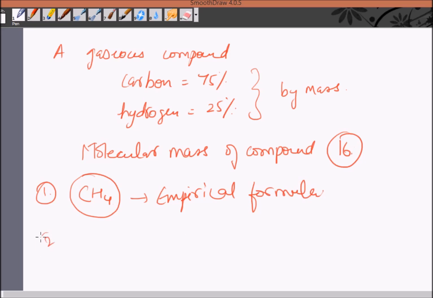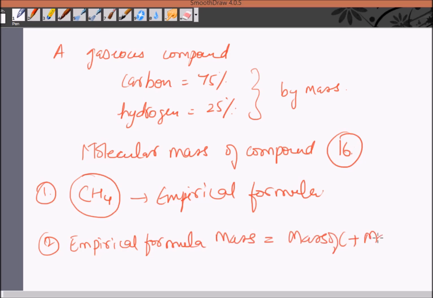Now second step, we have to know about the empirical formula mass, which is mass of carbon plus mass of hydrogen, which is 12 plus 4 equal to 16.